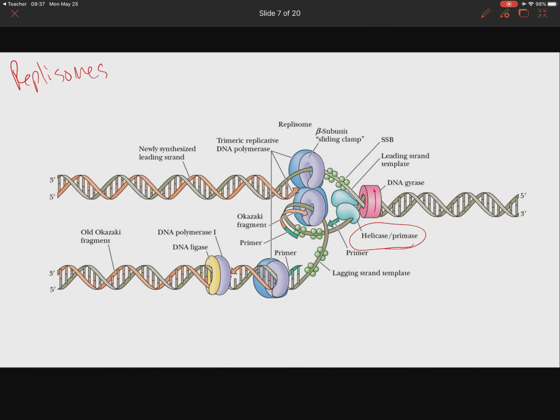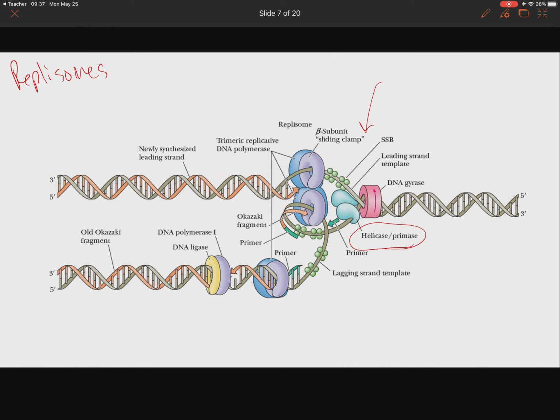DNA gyrase is a class 2 topoisomerase, if you remember, that was involved in adding or removing supercoils or creating supercoils ahead of the replication fork to help unwind and relieve some of that pressure or that torsion, that strain. And the energy required for these processes are supplied by the hydrolysis of ATP. So that's why we needed to have some ATP in there as well. So again, DNA gyrase, helicase, and primase are involved right here at the beginning of the replication fork to help open up this whole process.